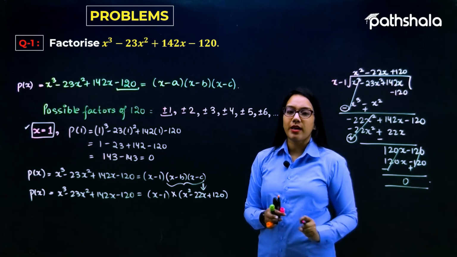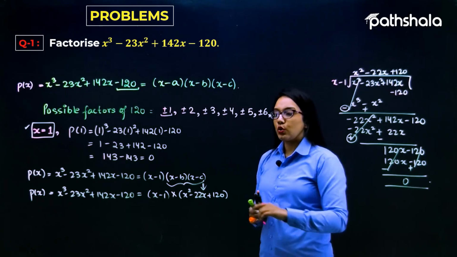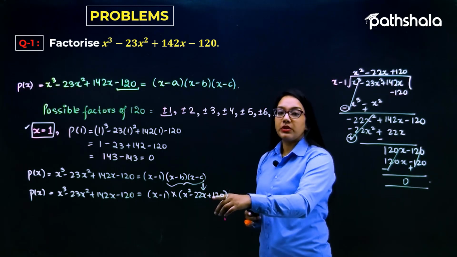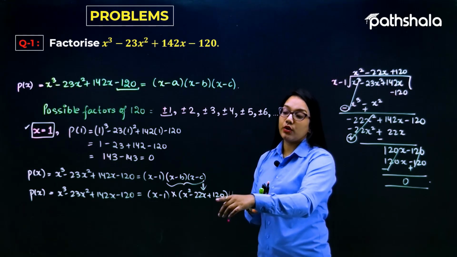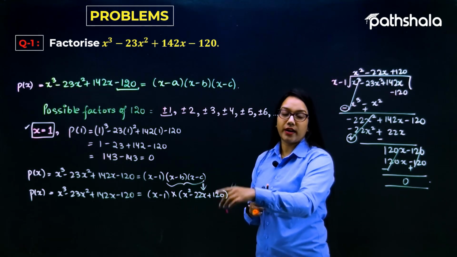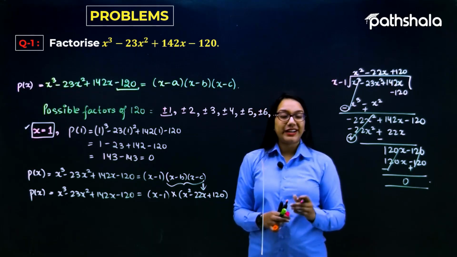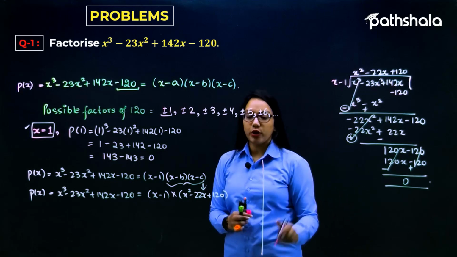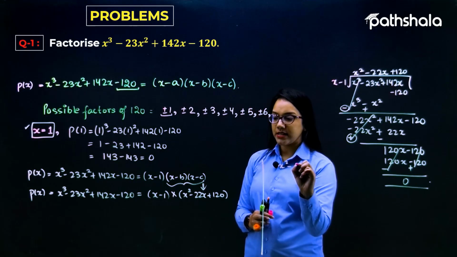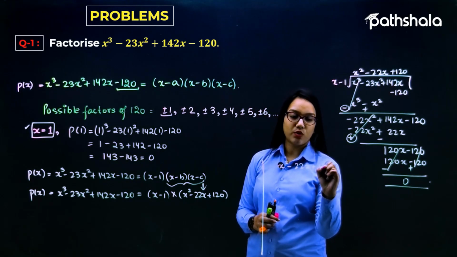So let us suppose I am using both of these methods. I am now using the middle term splitting method in order to find the factors of this particular quadratic polynomial. We have the quadratic polynomial as x square minus 22x plus 120.